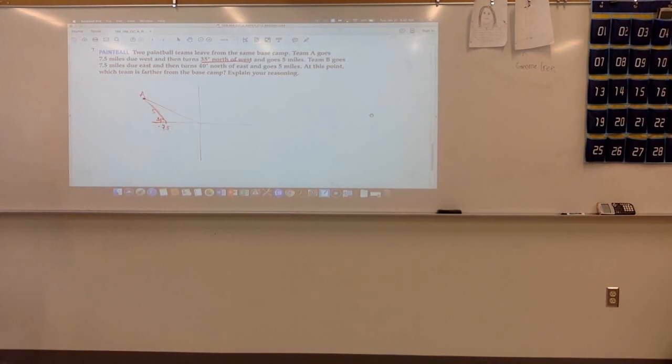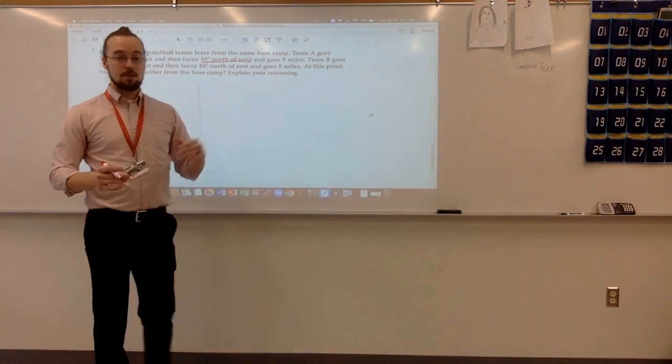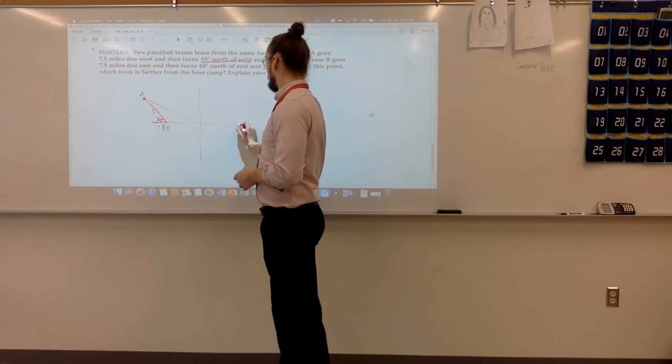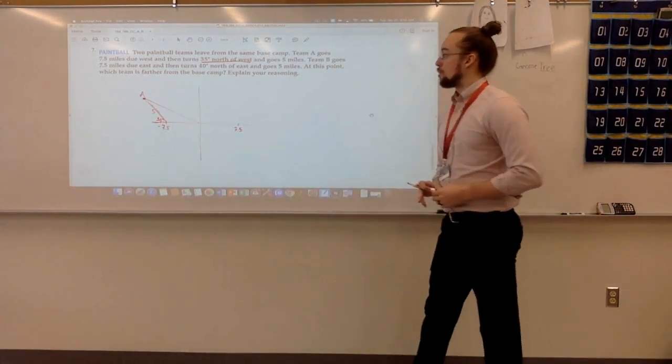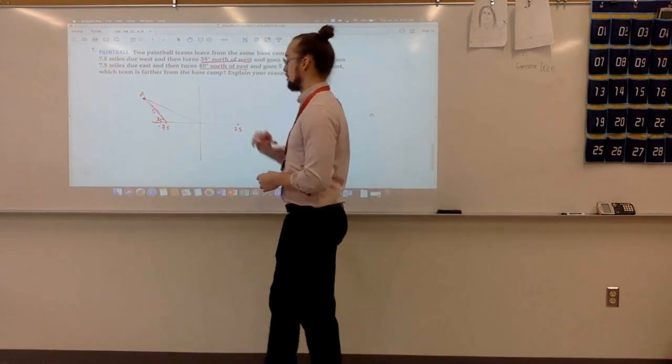Team B does something similar, except they go due east. Okay, so due east would be this direction. So Team B ends up going 7.5 miles this direction. And then it says they turn 40 degrees north of east.